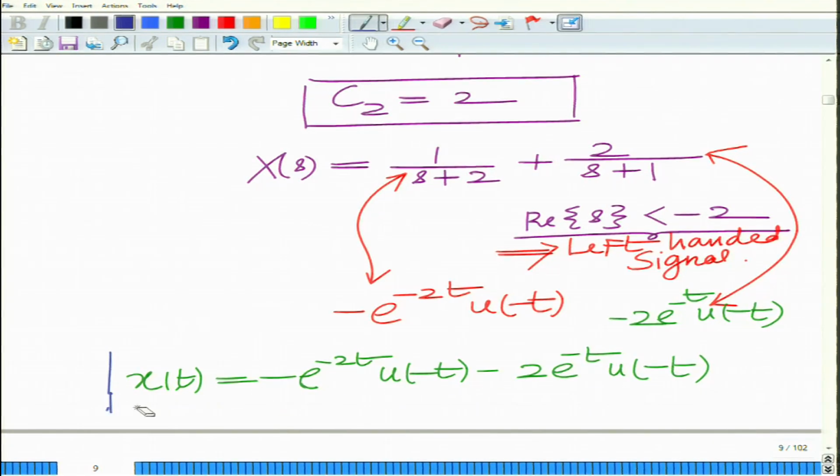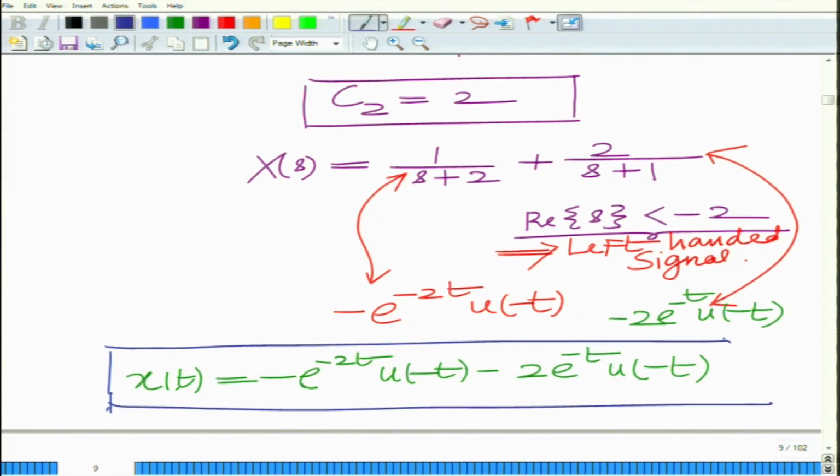So, that is the net time domain signal, or the inverse Laplace transform. That is the expression for the inverse Laplace transform.